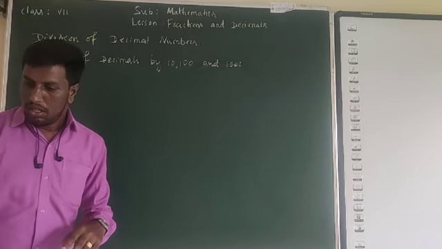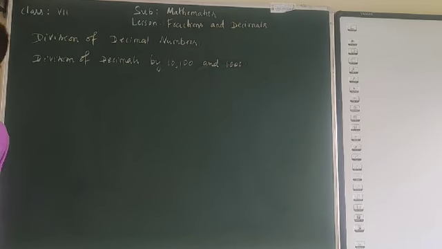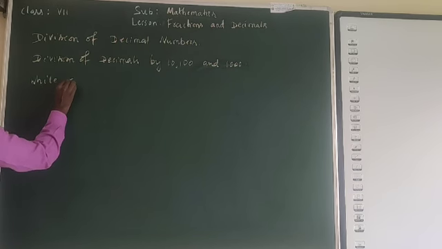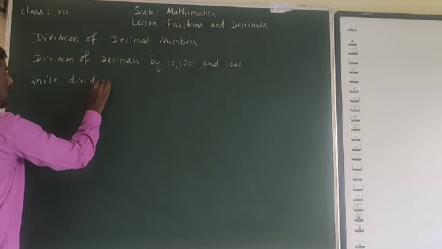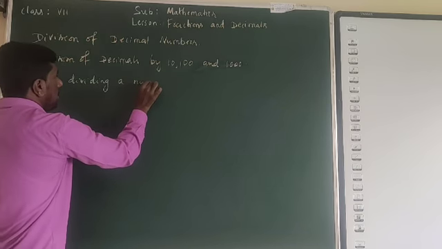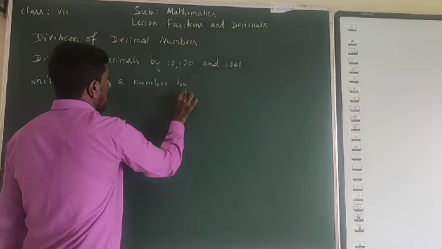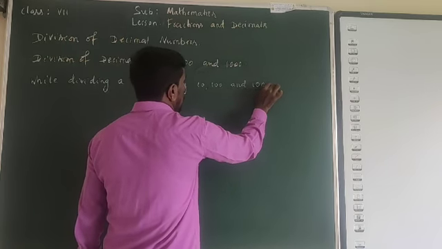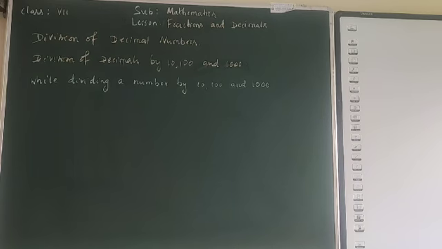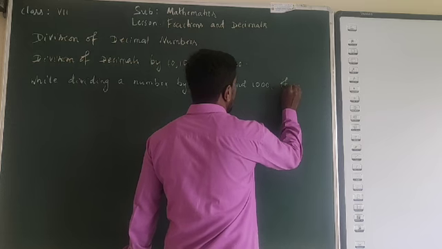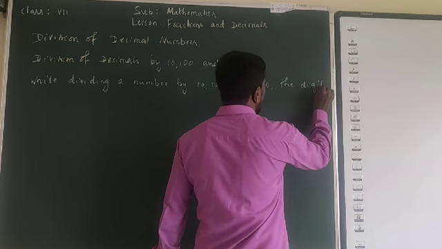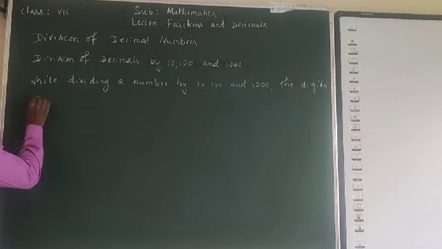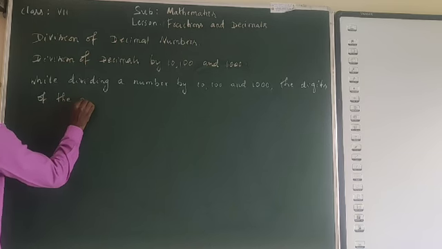We'll write that. While dividing a number by 10, 100 and 1000, the digits of the number and the quotient are the same.